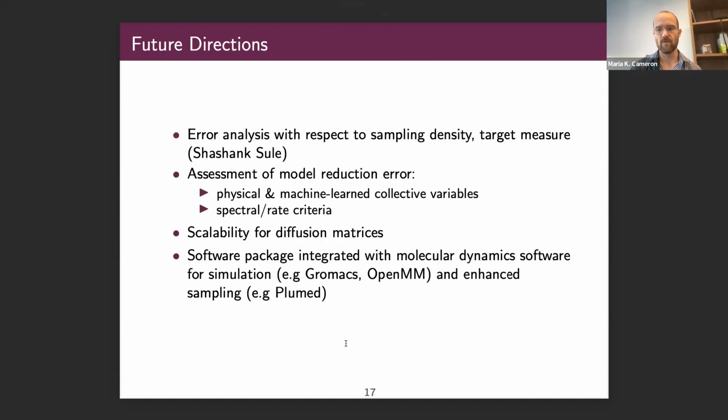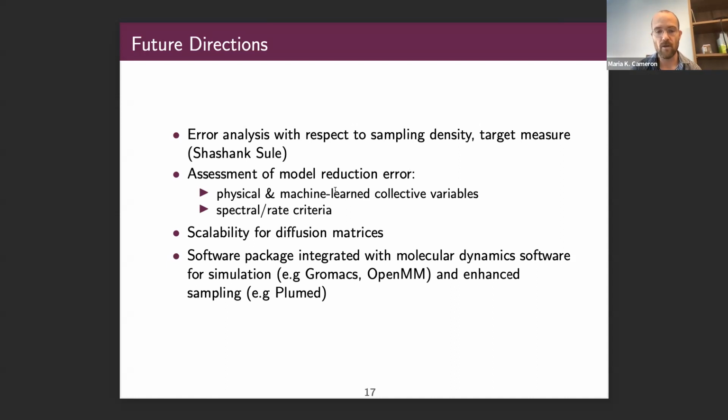So for future directions with regard to the Mahalanobis diffusion maps and things that we're actively looking at for target measure diffusion maps are error analysis with respect to sampling density and target measure, which we'll talk about with Shashank. Also some other work to look at would be more assessment of model reduction error.